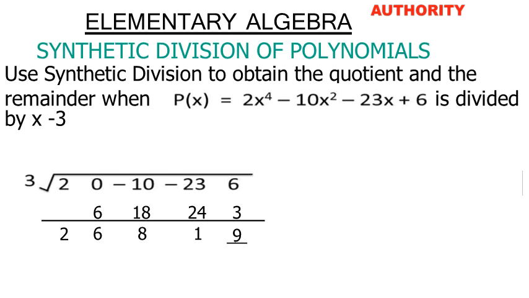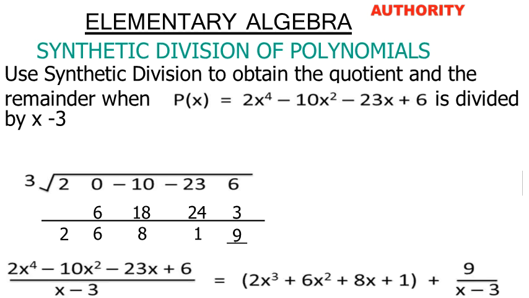Now we are going to say that when 2x raised to the power 4 minus 10x squared minus 23x plus 6 is divided by x minus 3, from our division here, we have 2, 6, 8, and 1.